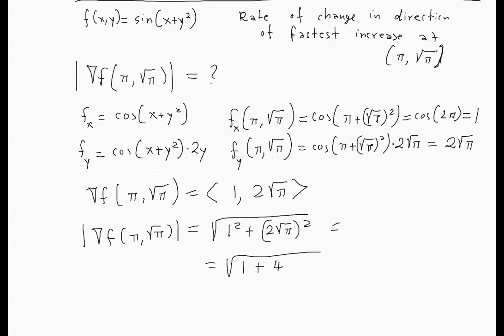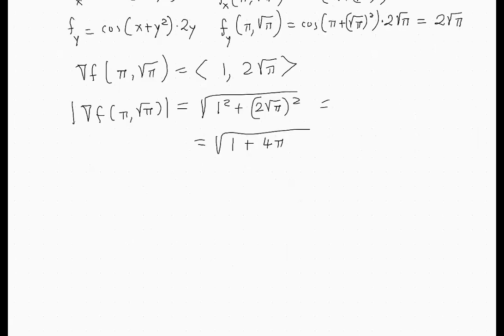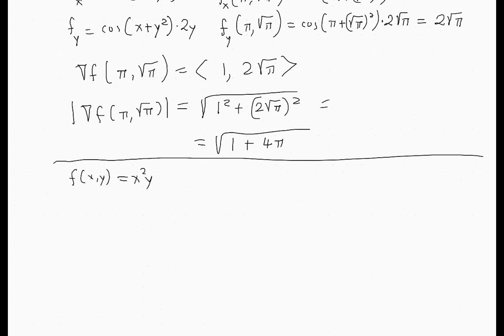Okay, and the last problem. For the last problem, we start with the function f of xy to be x squared times y, and we're going to find all the unit vectors in the direction of which the rate of change at the point 1 comma negative 1 is 0. Let's write this so that we can digest what the problem is asking for. So determine all unit vectors.